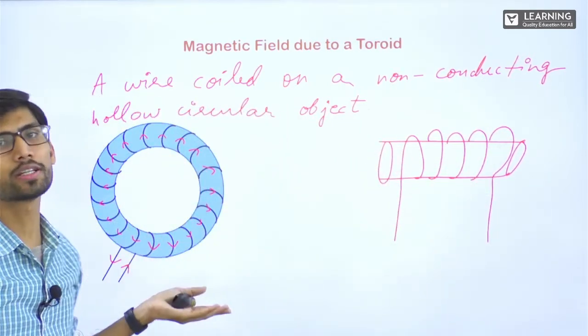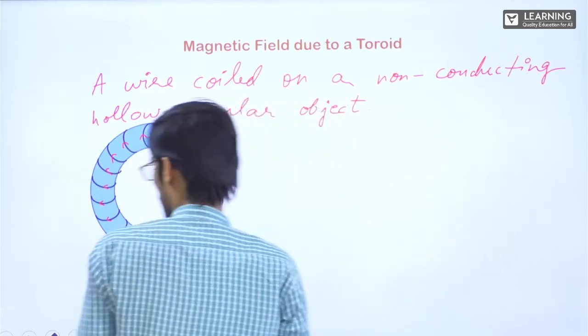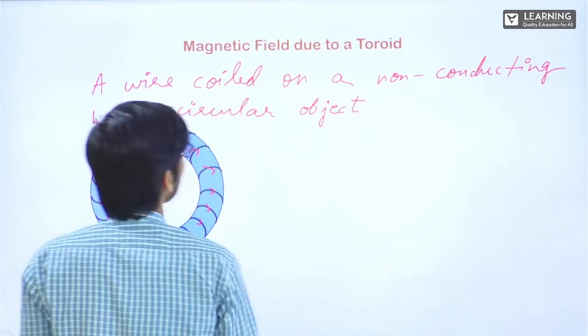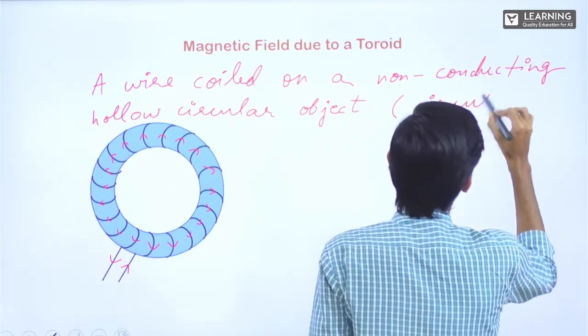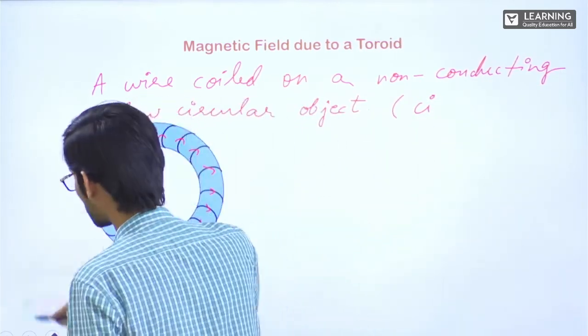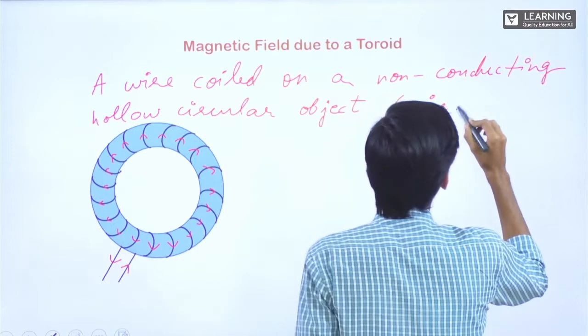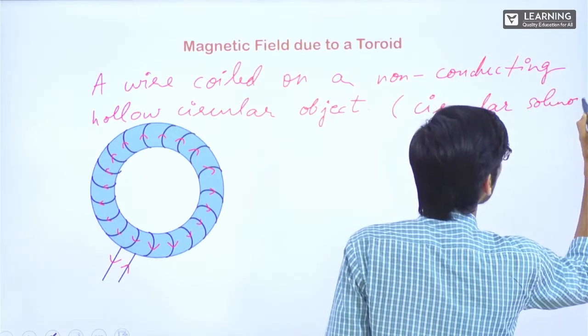So toroid is nothing but a circular solenoid. Clear?